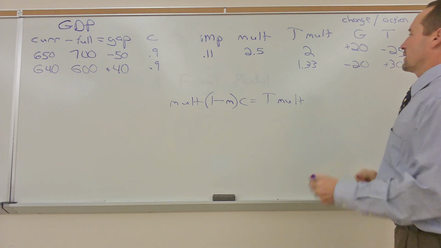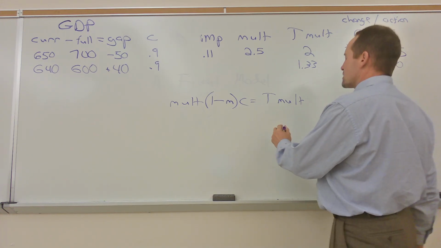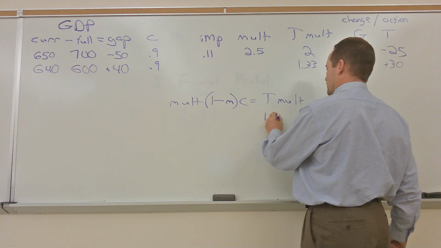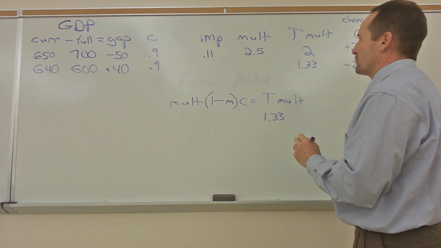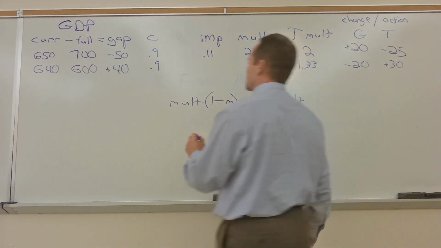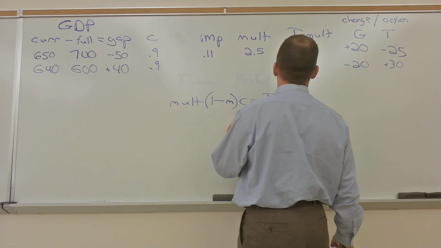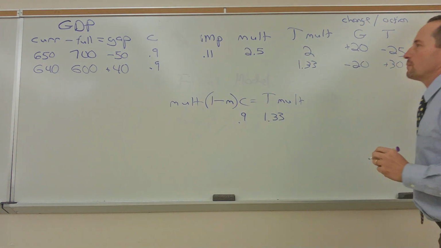So let us fill in what we have. We have a tax multiplier of 1.33, so I fill that in. We have the consumption rate being 0.9.